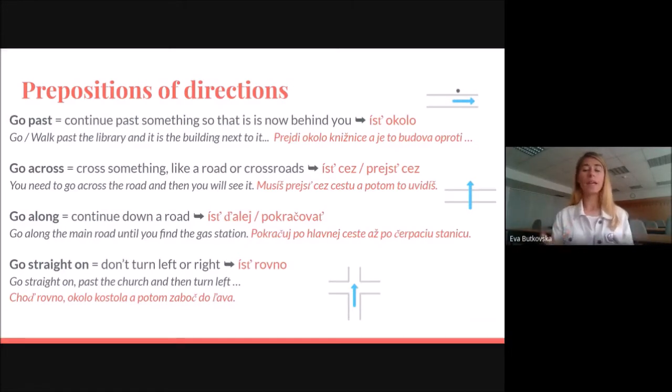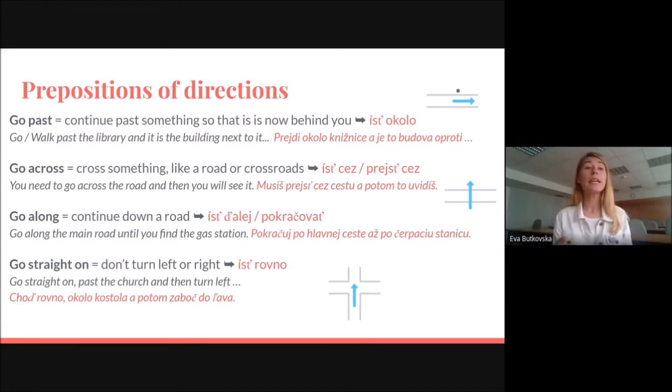Mainly if you want to give directions, focus, learn, and master these prepositions. I used the verb go with the preposition, but you can use almost any other verb, for example walk or run, etc. So let's start with the first one, go past.